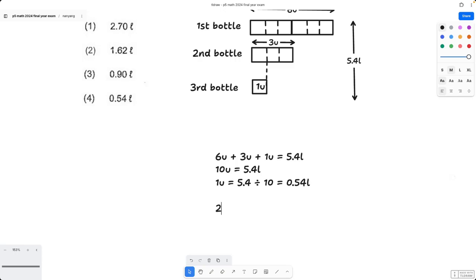So the second bottle has how many? It's equal to 3 units, so that means 3 units equal to 0.54, and then you multiply by 3.